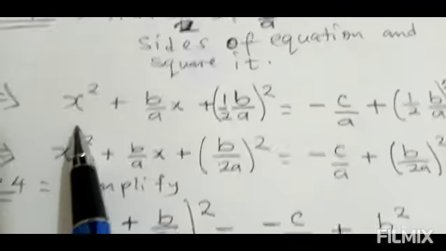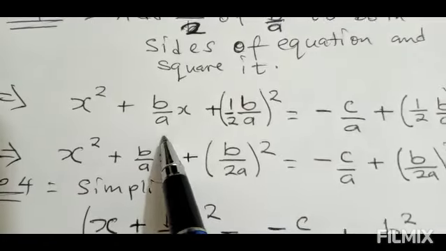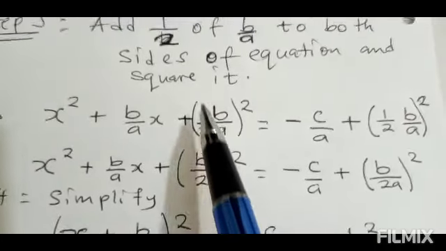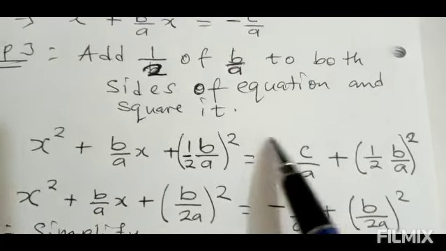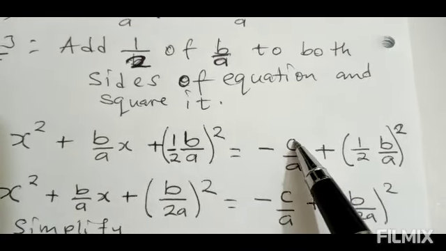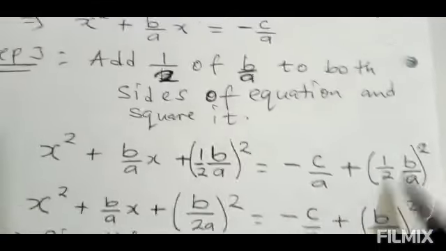Okay, so this is it, x squared plus b over a x, then we add that term, 1 over 2 b over a squared, and is equal to minus c over a plus 1 over 2 b over a squared.